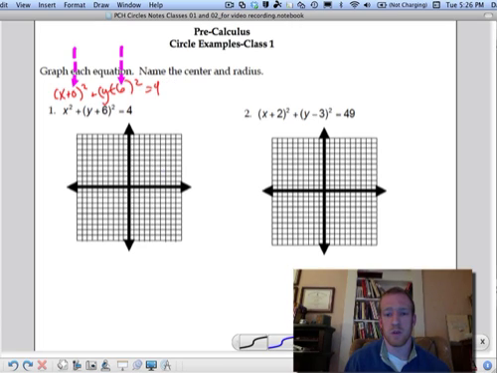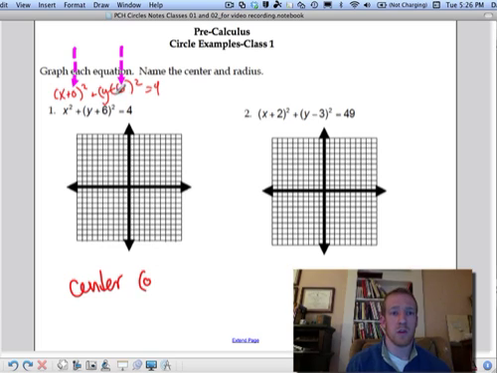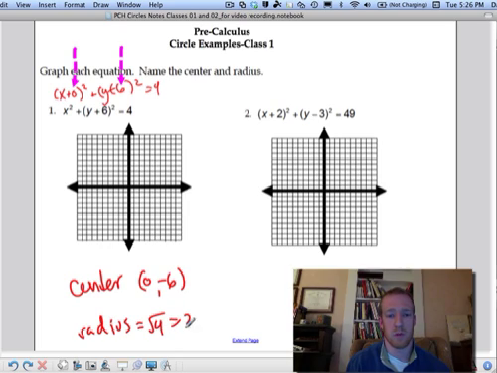So that gives us a center of 0. It's the opposite sign here, so it should be a negative 6 for our y. And then the radius is this number square rooted. So it's the square root of 4 equals 2. So that means we're going to start our center at 0, negative 6.